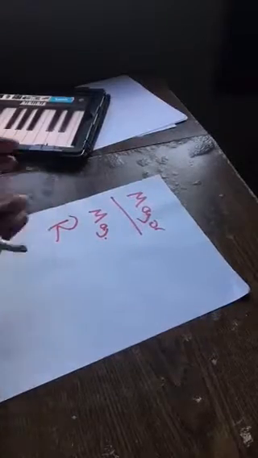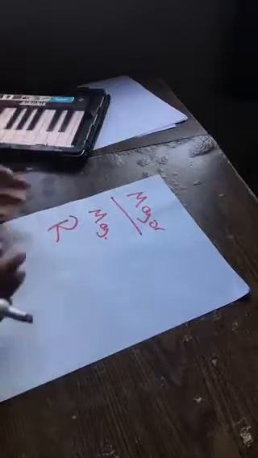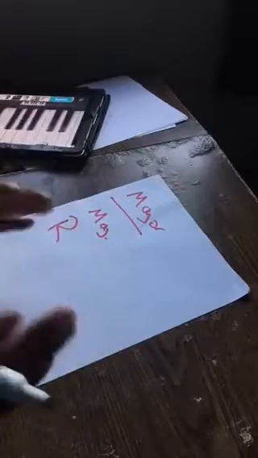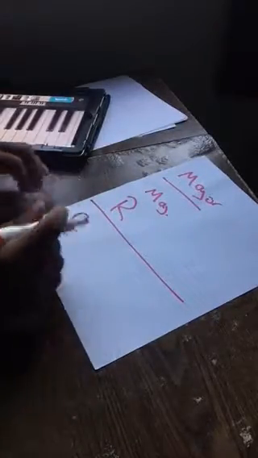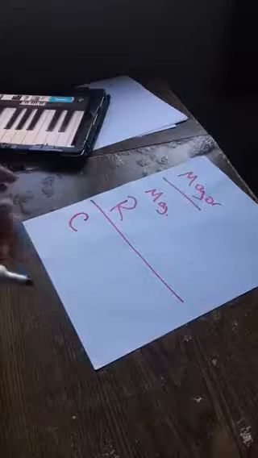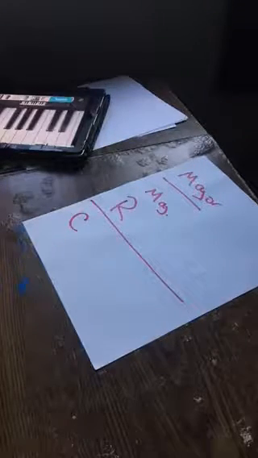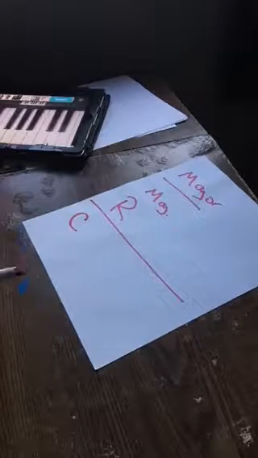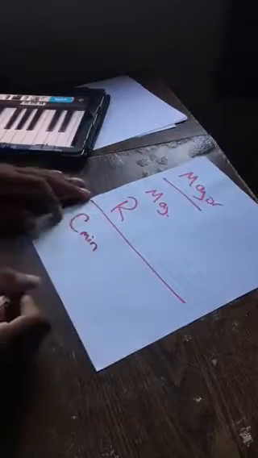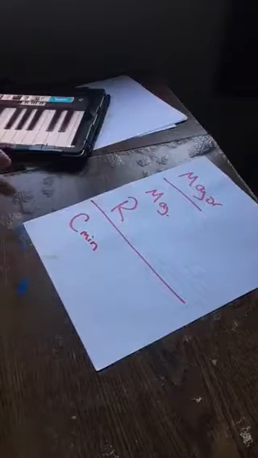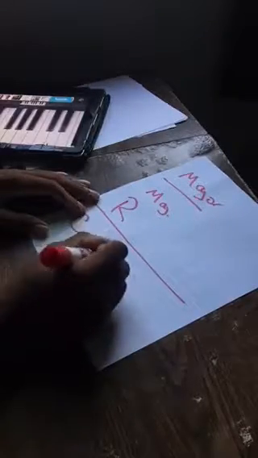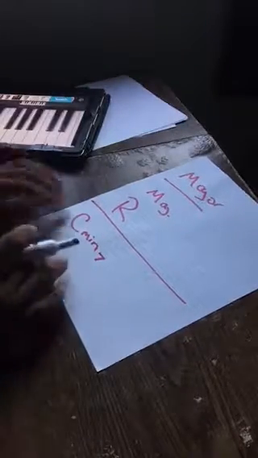So whenever you see the root note, just automatically assume that it's major unless otherwise noted. So, for example, if we just see this, say we're looking at a piece of music and all we see is the note C, you're going to automatically assume that the chord you're going to play is a C major chord. Now, for instance, if it's going to be minor, it will say C minor, or if it's a C minor 7th chord, it will say C minor 7, okay?